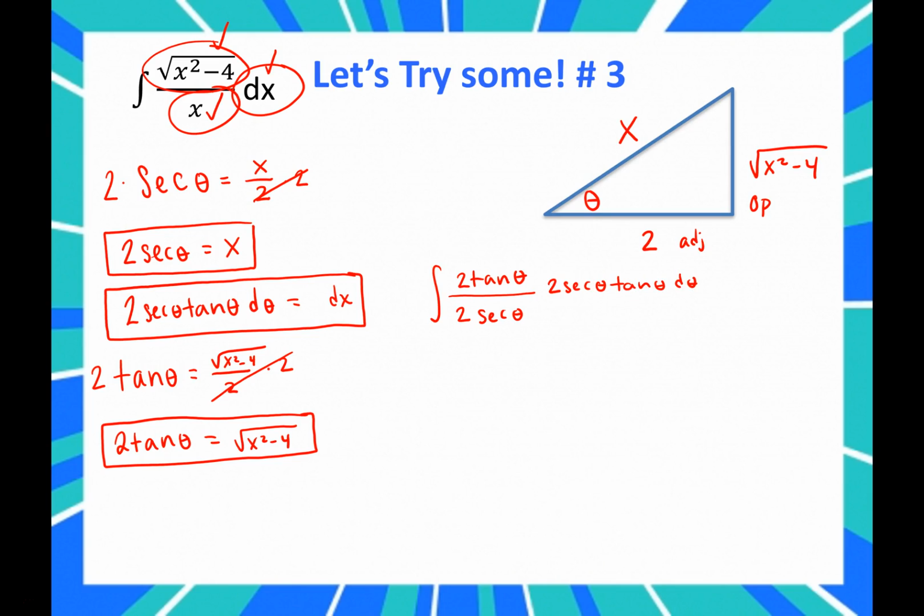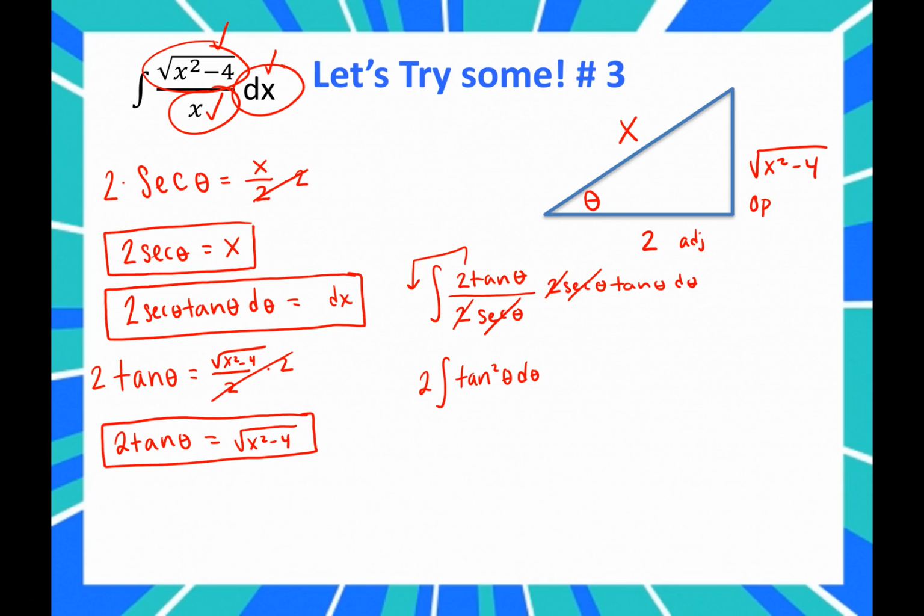Now this is pretty exciting because we have the secants canceling. We also have this 2 canceling with this 2, and we are left with, I'm going to pull this 2 out, a 2 times tangent squared theta d theta.